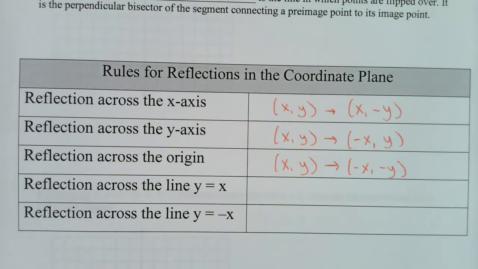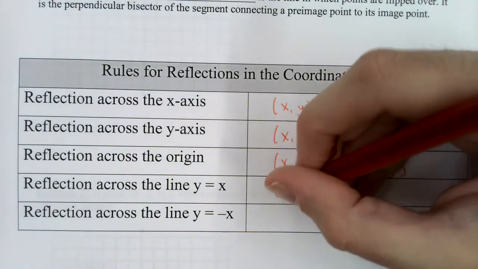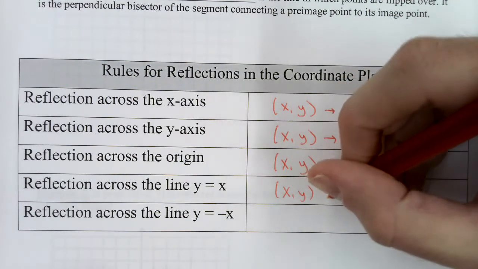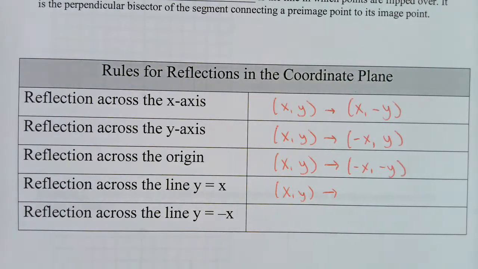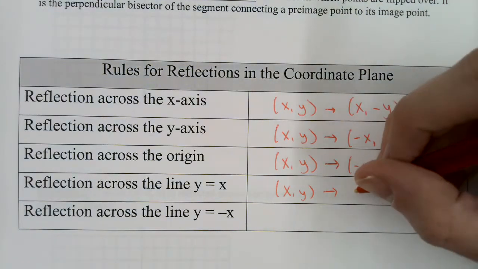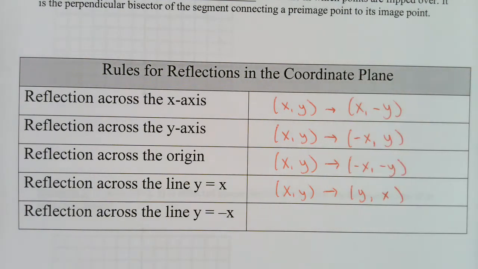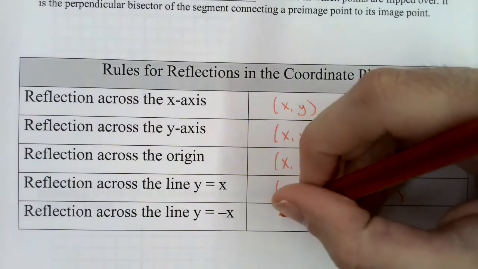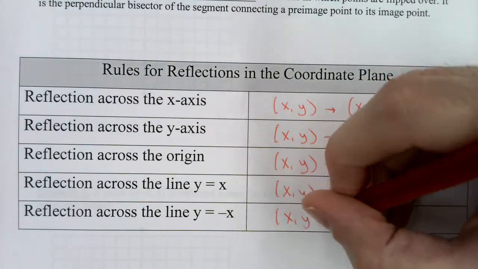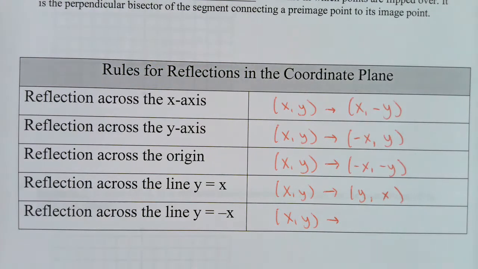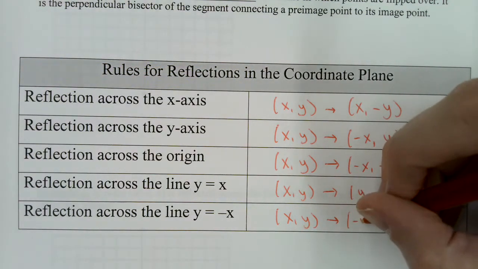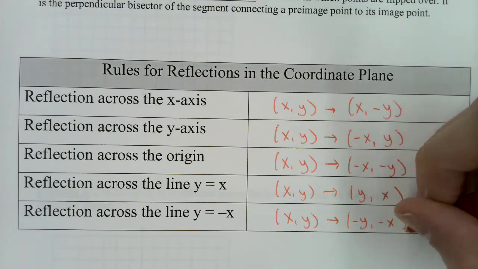If you reflect across the line y equals x, we're going to use this one a lot. The rule is (x, y) maps onto (y, x). You just switch them. And for reflections across the line y equals negative x, the rule is (x, y) maps onto (opposite y, opposite x). So you switch the x and the y around, and you take the opposite.